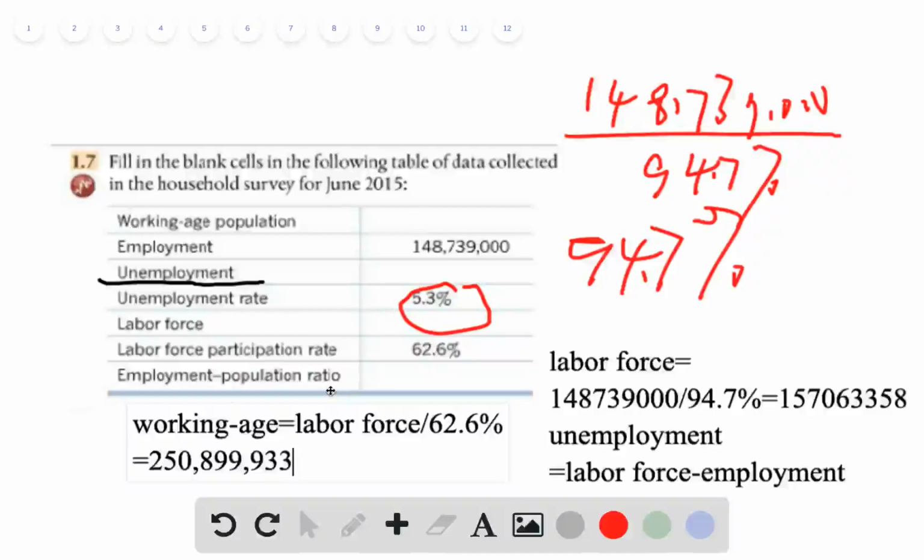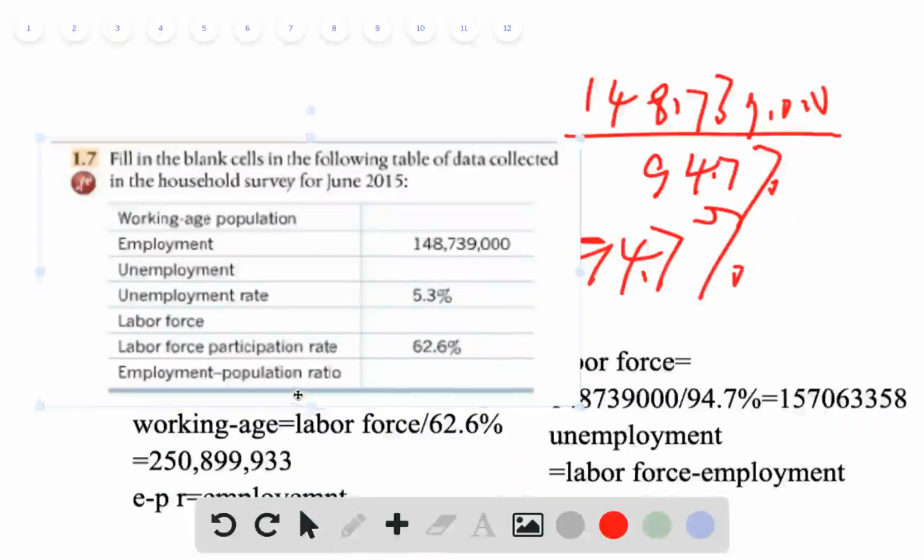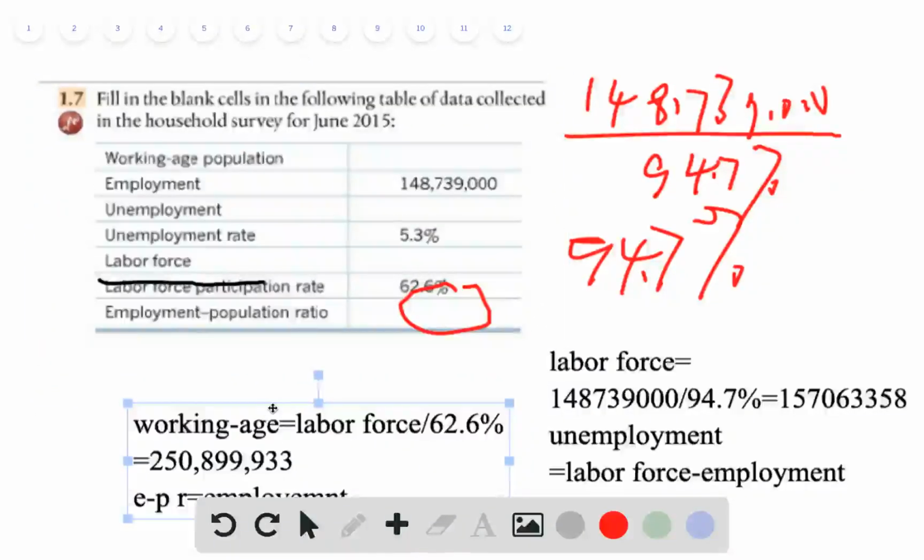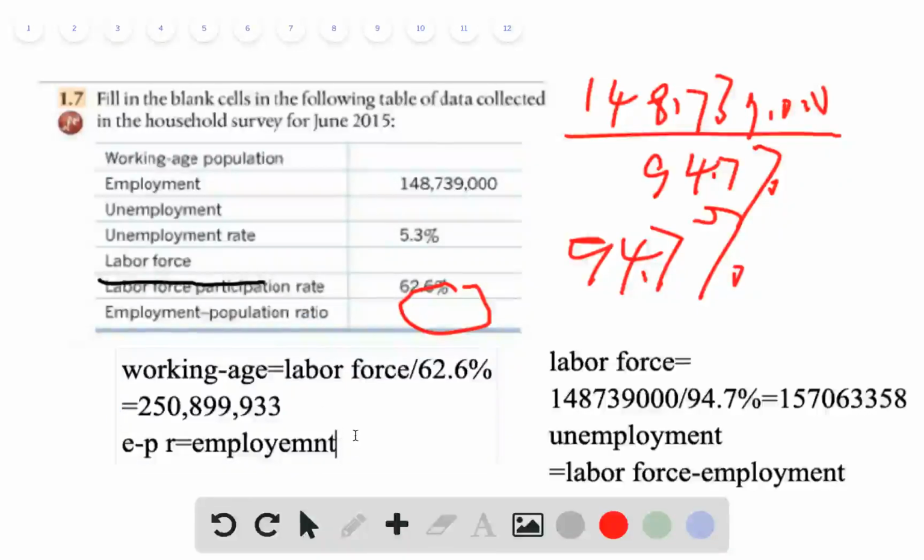And the last one is the employment population ratio. That is calculated by the amount of employment. So this last blank, let's see, employment population ratio equals the amount of employment divided by the amount of working age population.